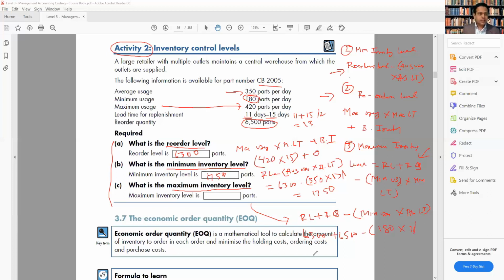So if we do that, that should give us the result, and that should be how much? 10,820. So you can see this question is all about remembering the formulas.